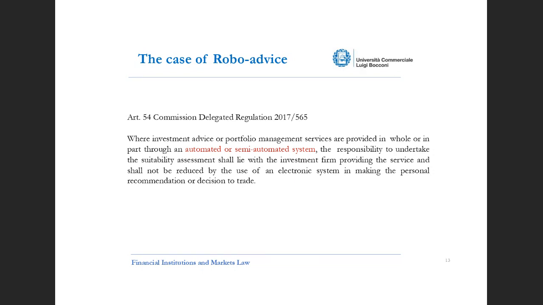The client may over-evaluate his experience, may overestimate his capacity to bear losses, may overestimate his risk attitude. And if he is simply in front of a computer and needs to fill up a questionnaire, he might not have the assistance which is provided by an individual in a traditional way of interaction, and may ultimately end up making wrong choices. So that's one point.